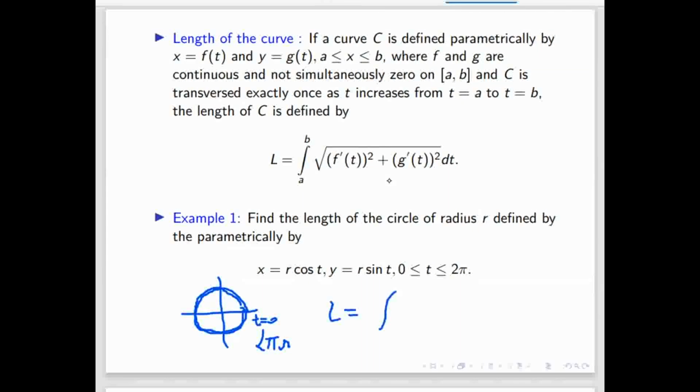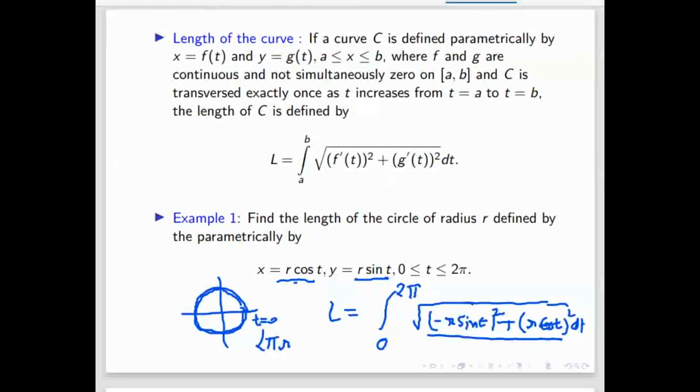This formula. It is integration from 0 to 2 pi square root of f dash t. This means this differentiation r cos t. Its derivative with respect to t will give minus r sin t plus then r cos t whole square and then dt.